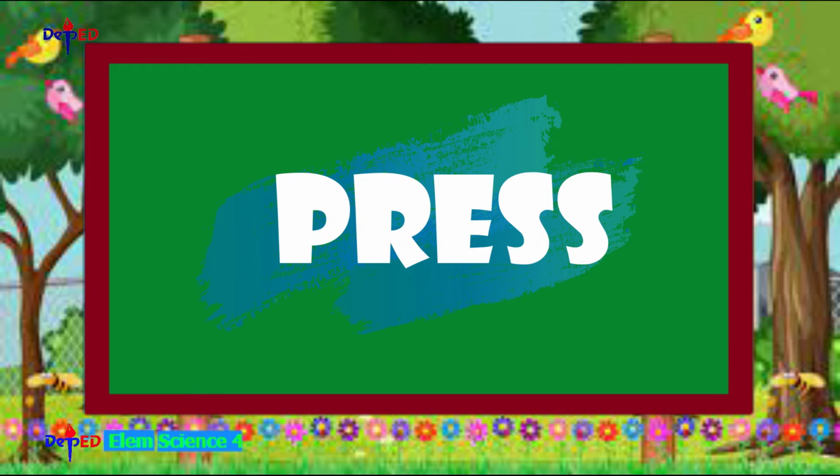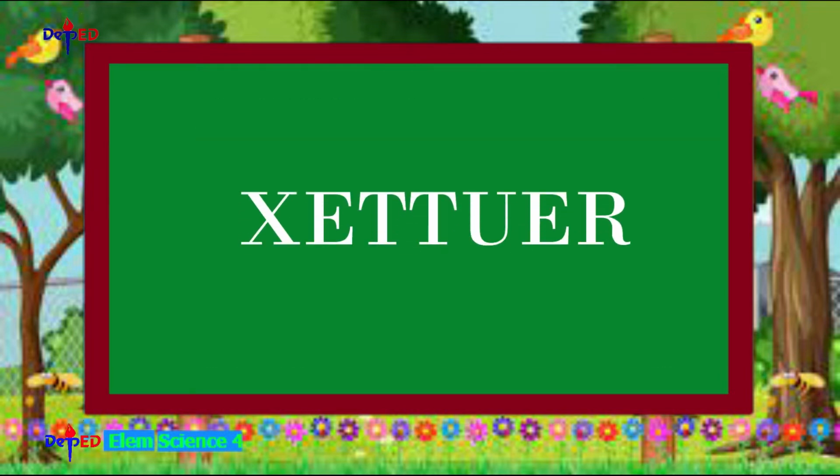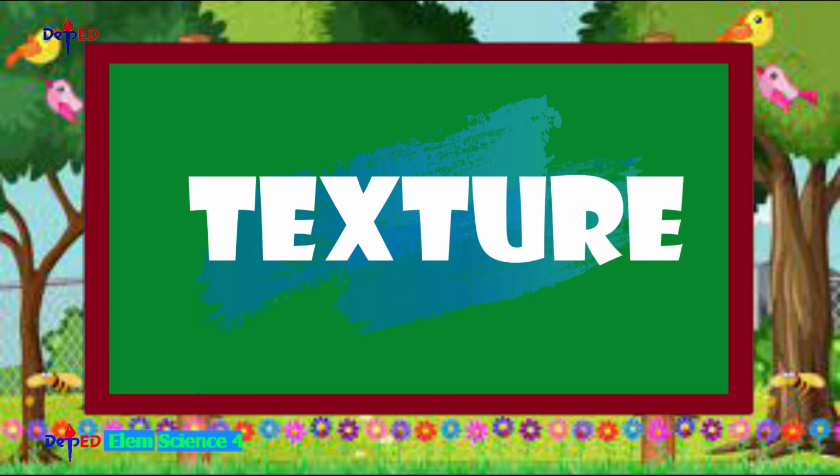The word is pressed. And number 4, it is the roughness or smoothness of an object. The answer is texture. Wow, kids! You are now ready for our new lesson.